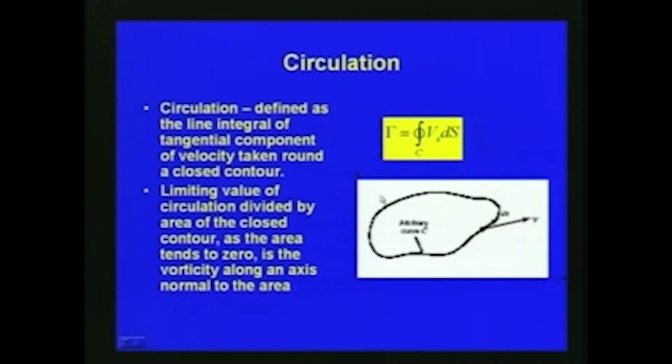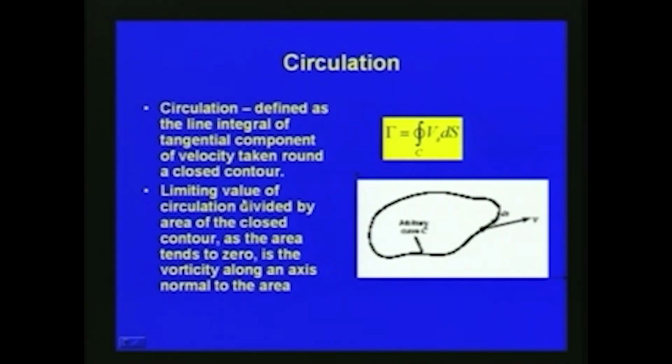So if you consider a closed contour like this, then the circulation, capital gamma, is equal to the integral of vs ds. With respect to this figure it is defined here.